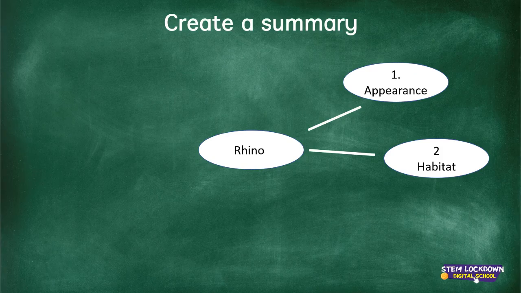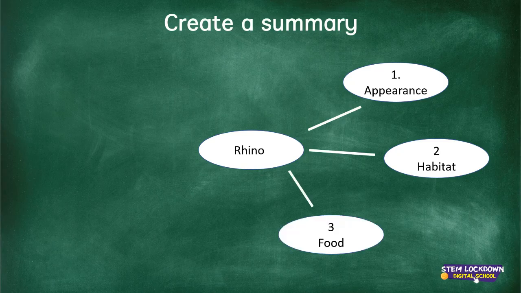So just write keywords. They're just reminder words. You got your keywords? Good. Let's see what you remember about its food. What does it eat? What do rhinos eat? You got your keywords down for what the rhino eats?